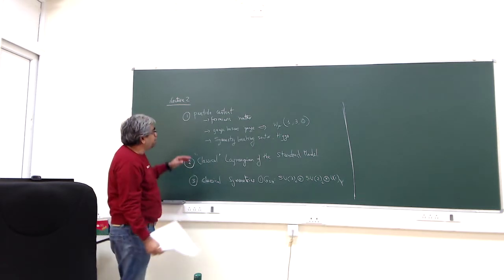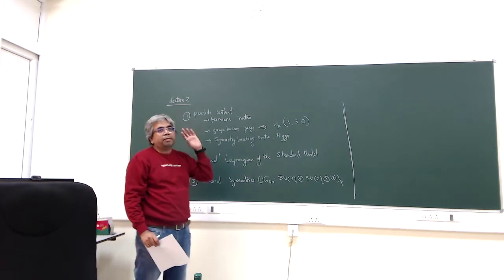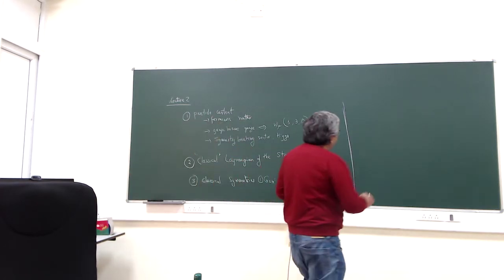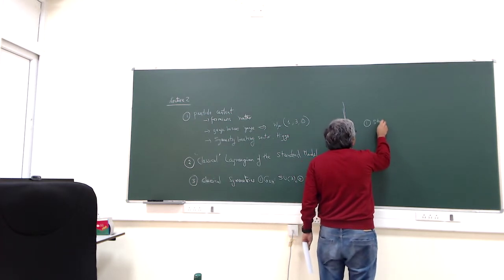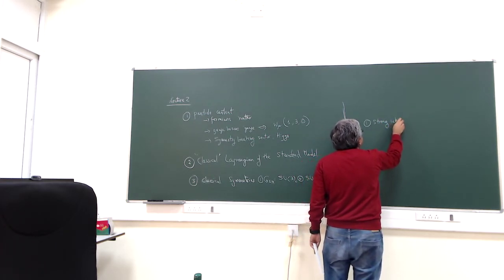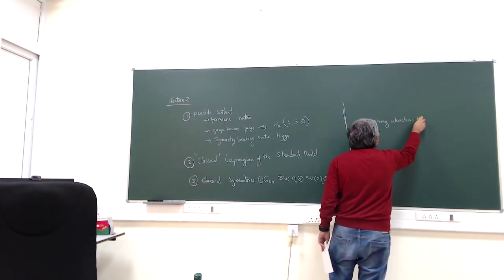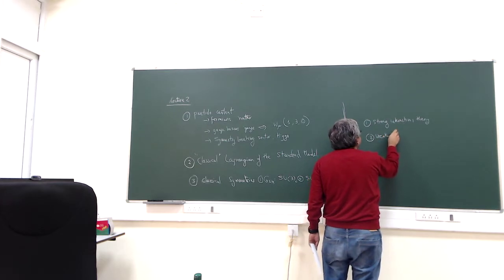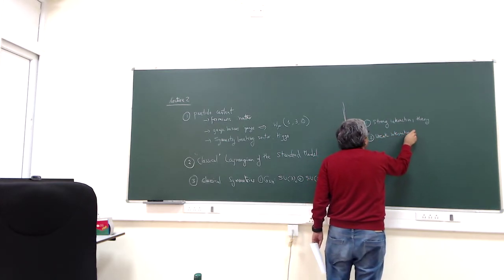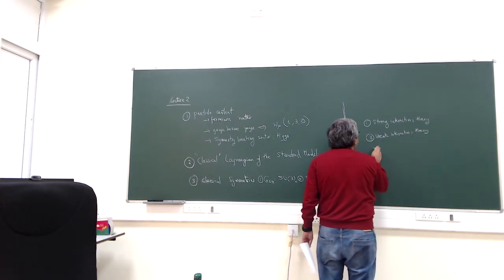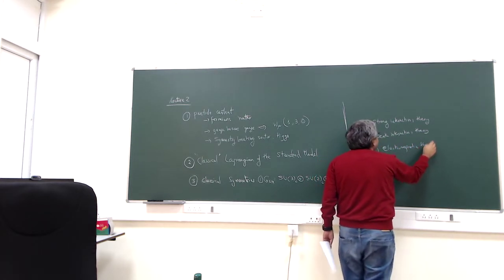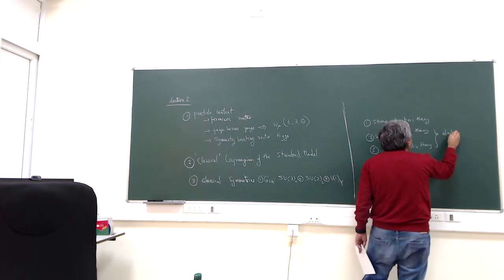We said the standard model has three theories: the weak interaction theory, which is essentially the V minus A theory, the strong interaction theory, and the electromagnetic theory. And the weak and electromagnetic combine in the standard model to form the electroweak theory.